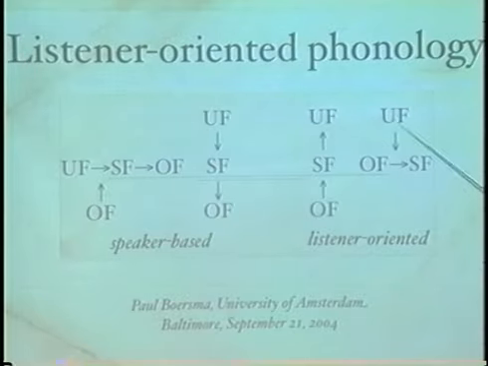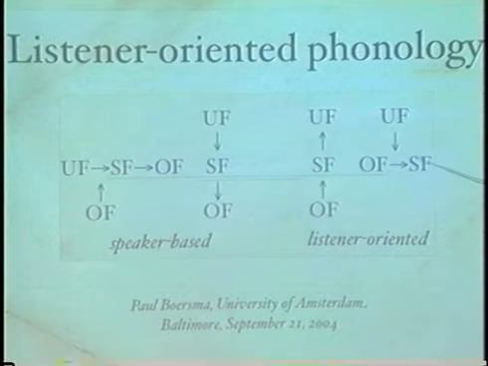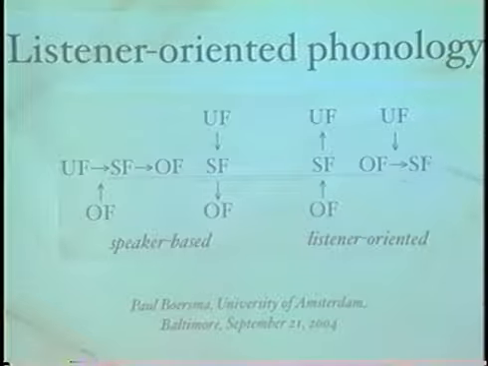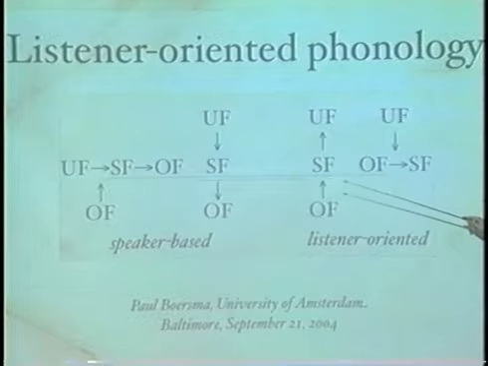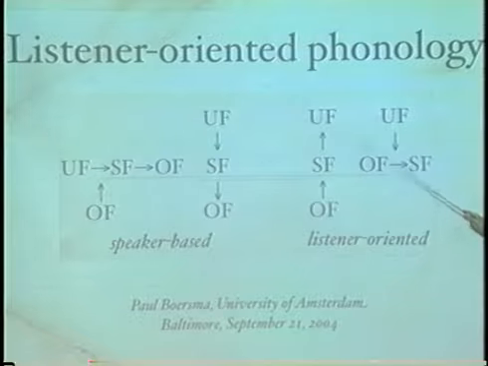What the speaker does is choose a pronunciation from the candidate set, computing for every pronunciation what she thinks the listener will reconstruct from it. So these are both surface forms. This one is in perception, this is the one in production. Faithfulness in production compares this with this.